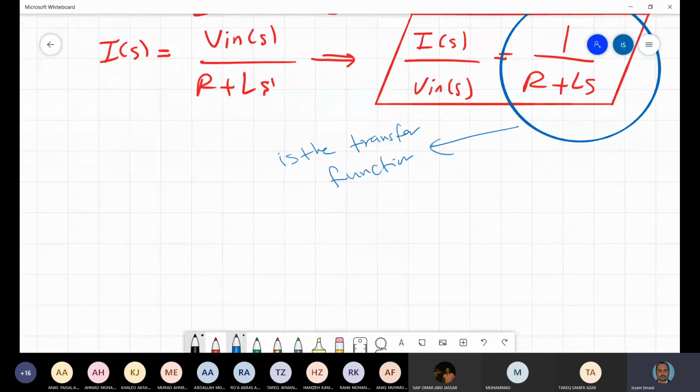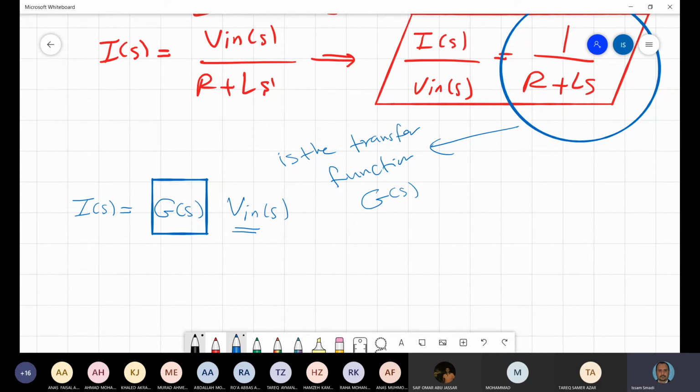Why? Because at the end of the day, if I call this G of S, then the output I of S is equal to a certain gain G of S multiplied by Vn of S. So simply this means that I'm shaping the input by a certain transfer function to get the output. And this is called the transfer function.